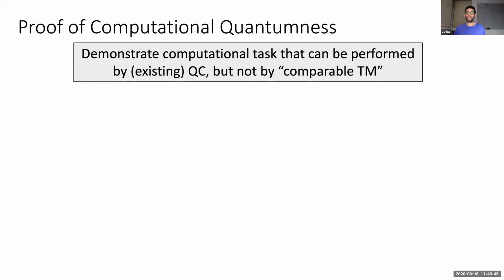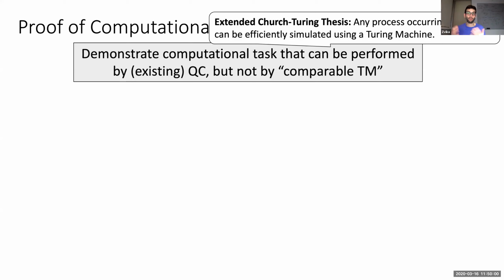But still, we really want to achieve this task. For once, because there's a lot of money and a lot of energy going into building these quantum computers, and we want to know that we're doing something that was not achievable before using classical devices. And the second thing, maybe more scientifically or philosophically, is that this gives evidence for refuting the extended Turing hypothesis, which says essentially the opposite: that any process occurring in nature, you can simulate using a classical device with resources comparable to the physical process you started from.